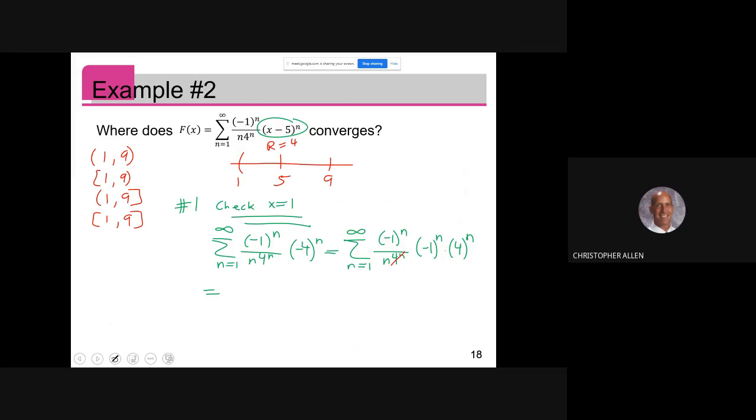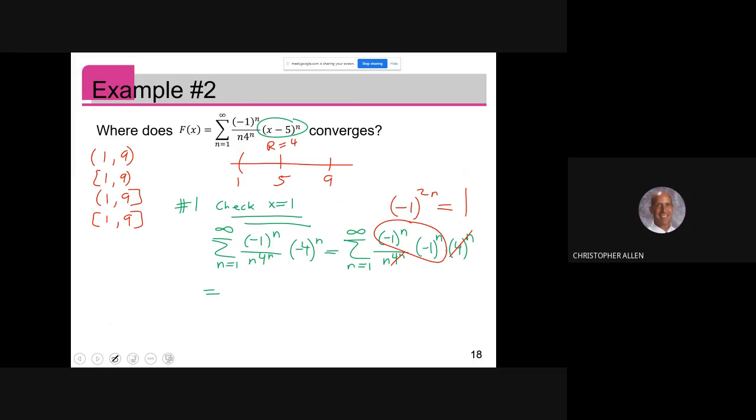What's going to happen to this and this? Good. Cancel. What happens to these two guys? What's negative 1 to the n times negative 1 to the n? Well, that'd be negative 1 to the 2n. Would you guys agree with that? Which is what? 1. Yeah.